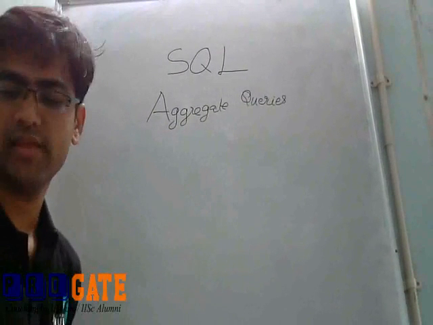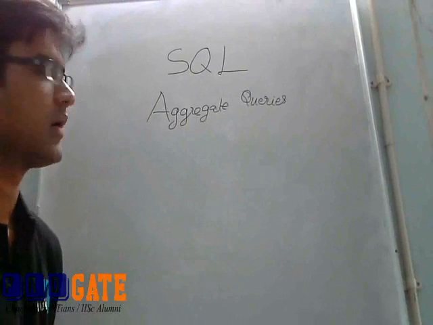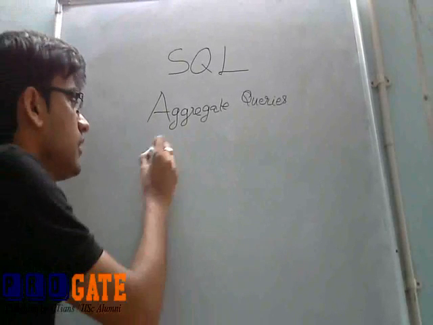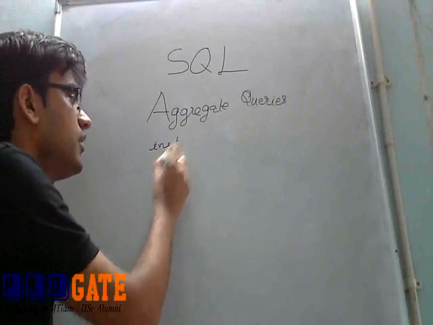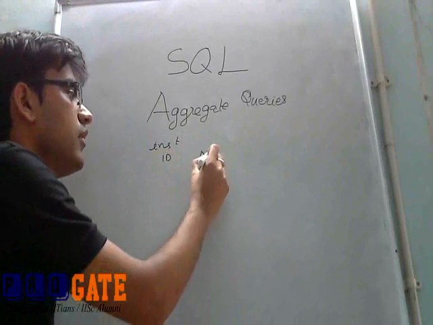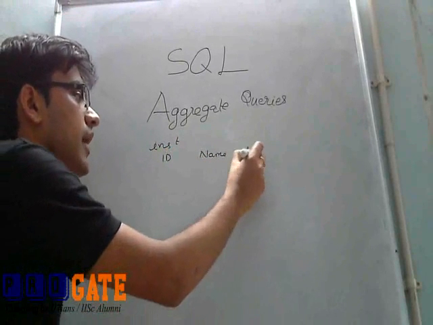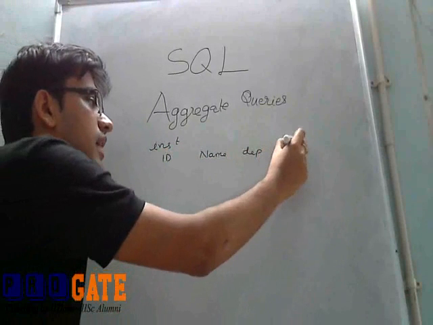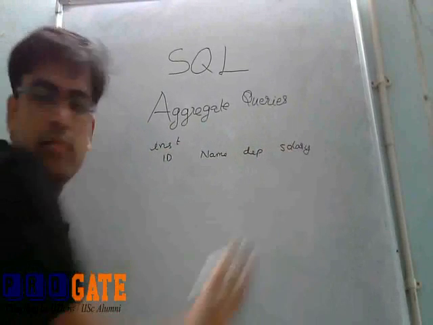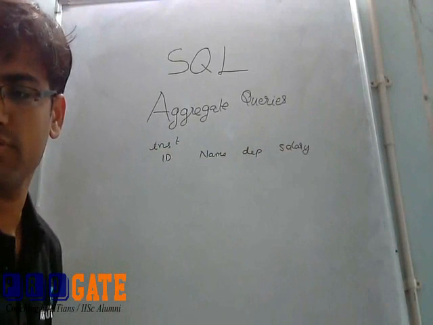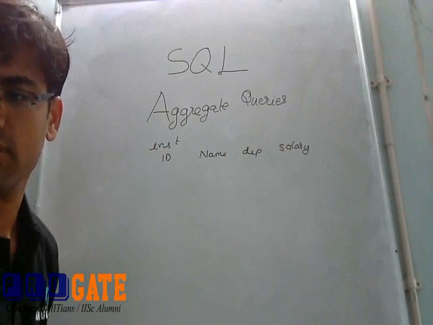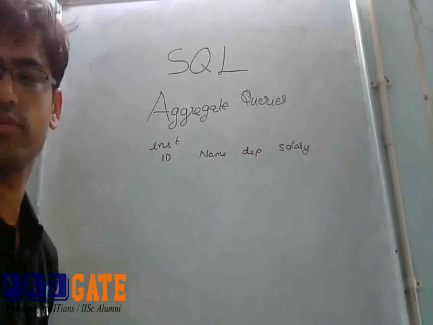So for example, the easiest example of this could be, say again we have an instructor table with ID, name, department and salary. Now suppose we want the sum of the total salaries of all the instructors.